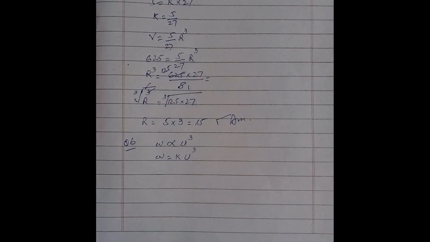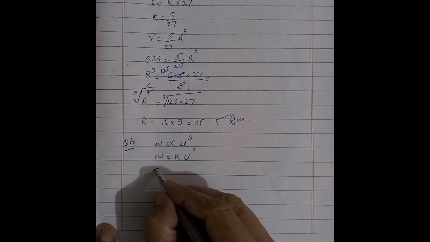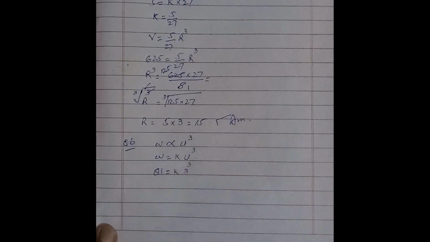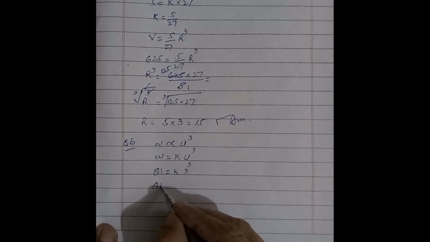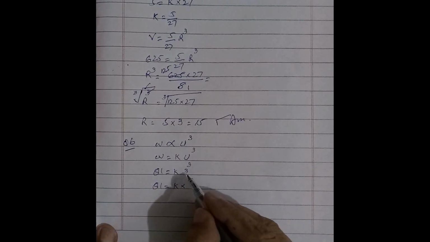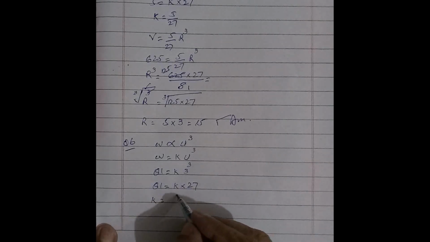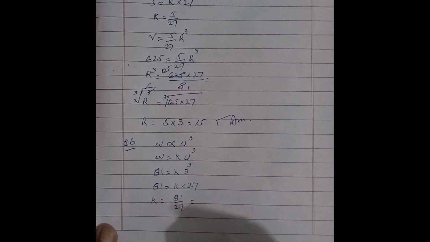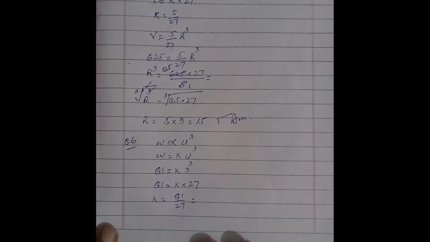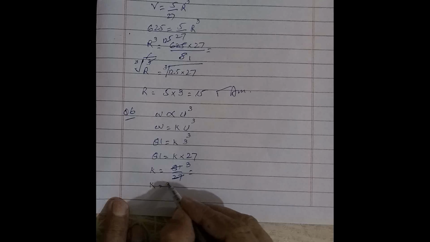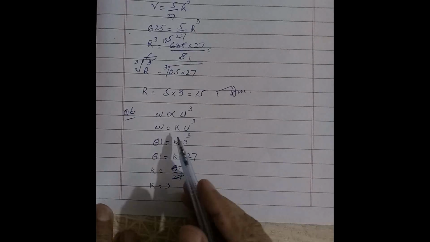First we find the value of k by putting the values of w and u, where w is 81 and u is 3. 81 is equal to k times 3 to the power 3, which means 27, so k is equal to 81 over 27. When we simplify 81 divided by 27, we get 3. The k is 3.